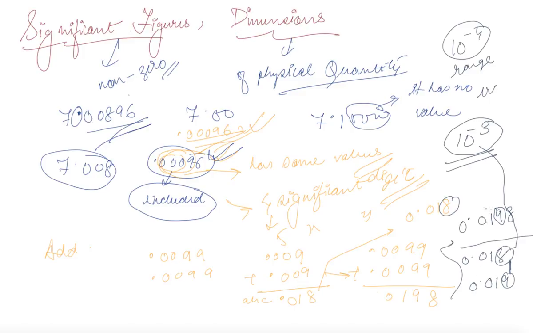And because of addition, you have this error. Similarly, errors that you have because of your significant figures while multiplying are known as errors due to multiplication of significant figures. So these are some of the things which we can understand relating to significant figures.